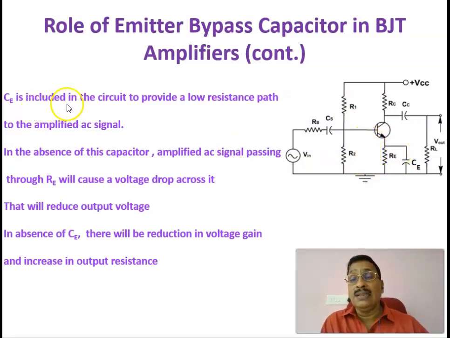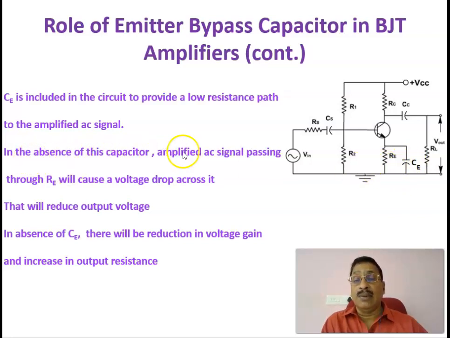Therefore, CE is included in the circuit to provide a low resistance path to the amplified AC signal. Amplified AC signal means IC is flowing through this, IB is this current, and IE is actually the sum of IC plus IB. Therefore this current consists of the DC part, capital IE, and the AC part, small ie. You want to bypass that AC component, and for that we connect a capacitor CE across RE.